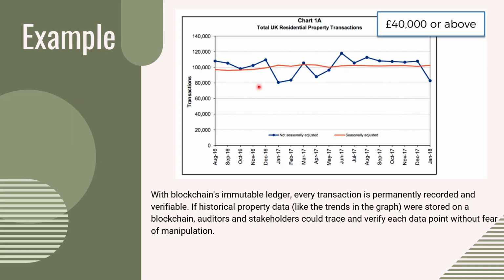Okay, we can see that there is a graph of total UK residential property transactions. We can see that the number is very high, both not seasonally adjusted and seasonally adjusted. Both of the two graphs are very high.